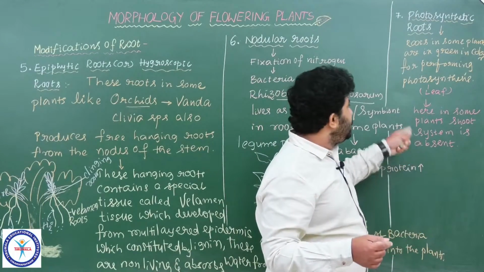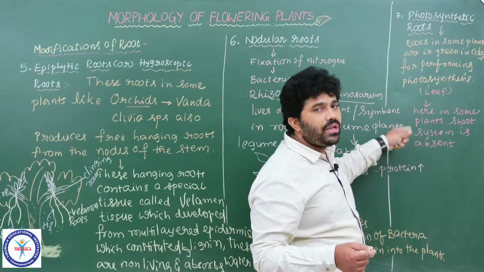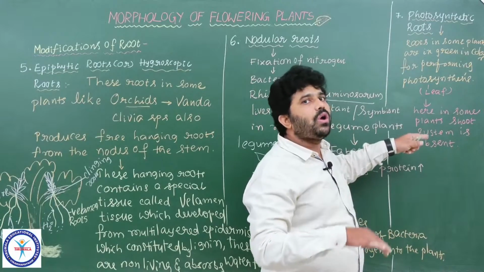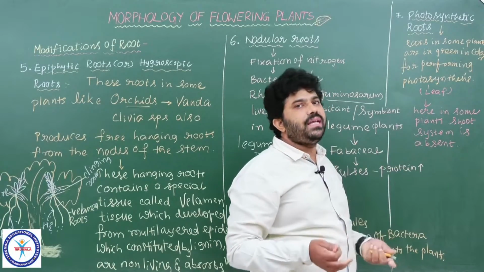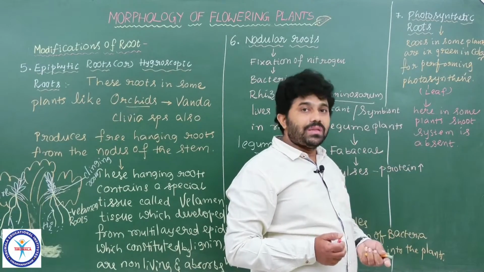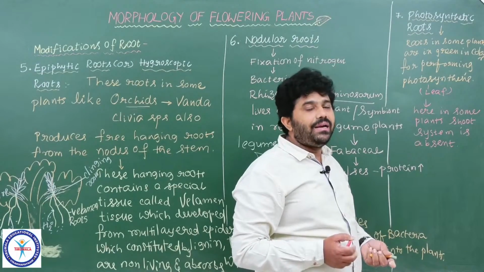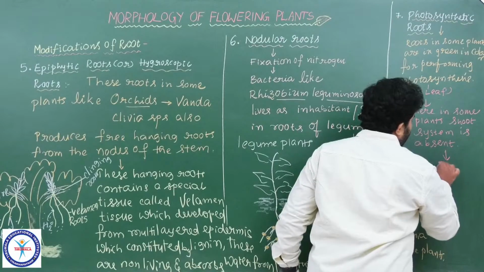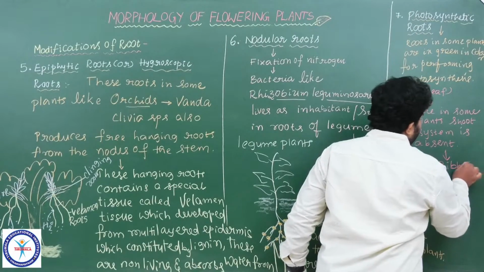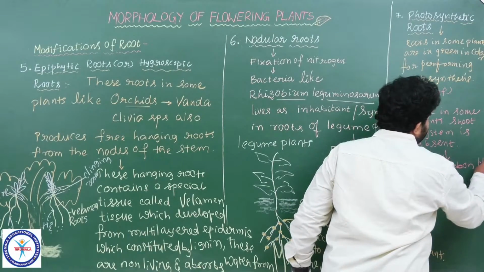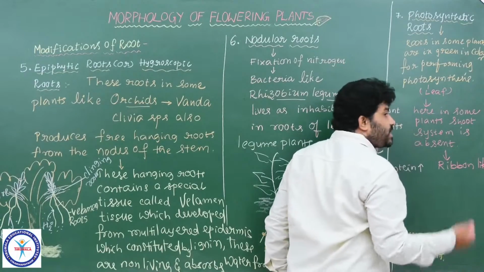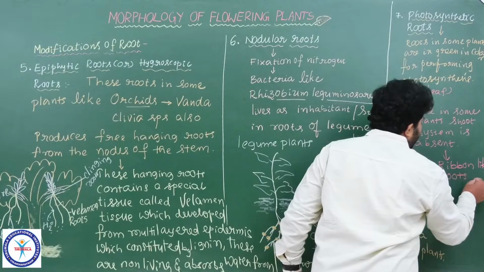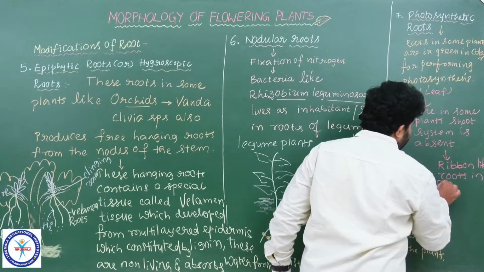That's why in these rare plants the roots come out of the soil and change their shape, structure and color into green, ribbon like roots. Here we see long filamentous expanded roots, ribbon like roots in green color.